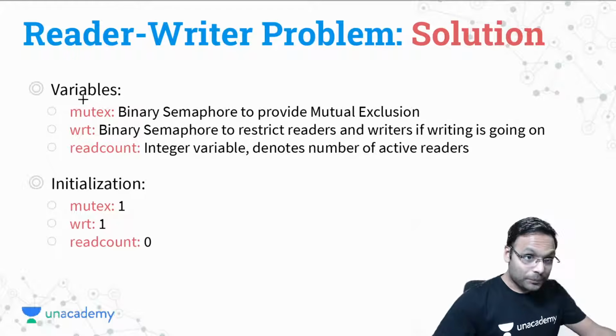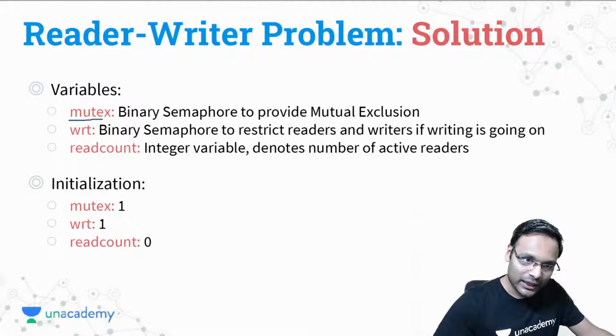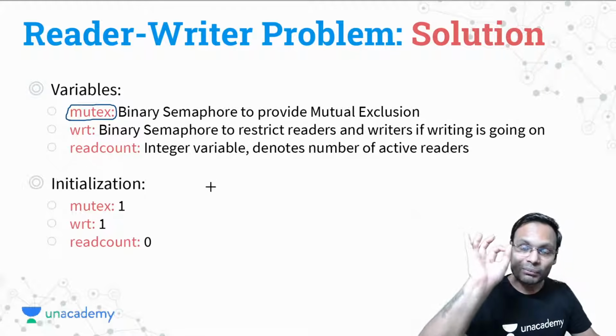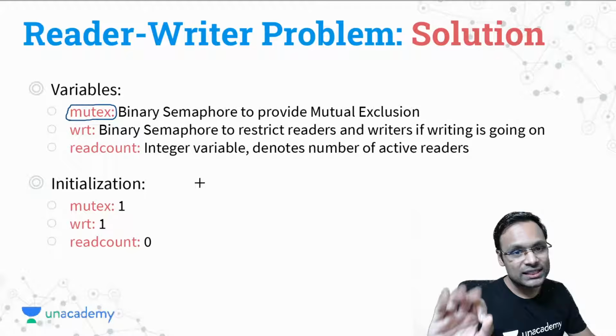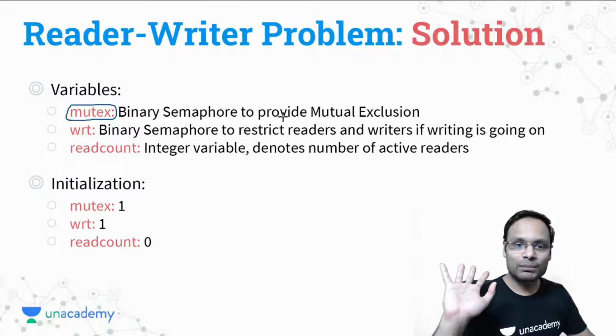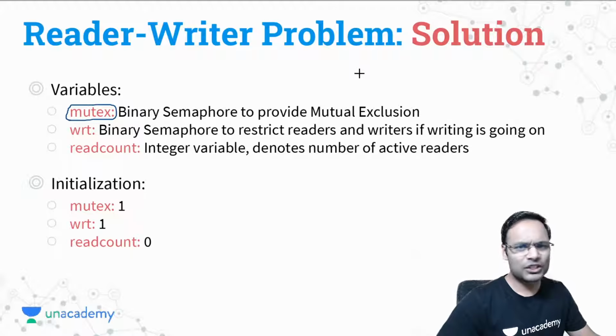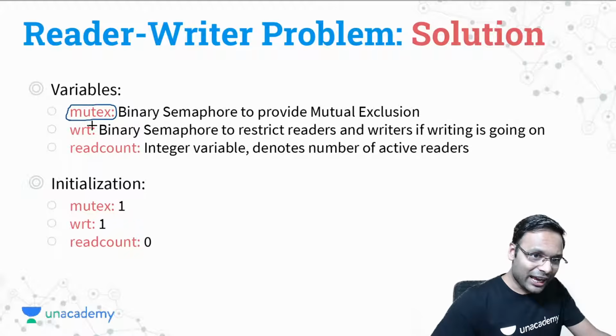Listen, okay. So what are the variables? First variable we will take is mutex. Why? Of course, we will have to maintain some kind of mutual exclusion, and that is why we have this binary semaphore mutex, the mutual exclusion synchronization solution. Then we have a WRT or write binary semaphore.